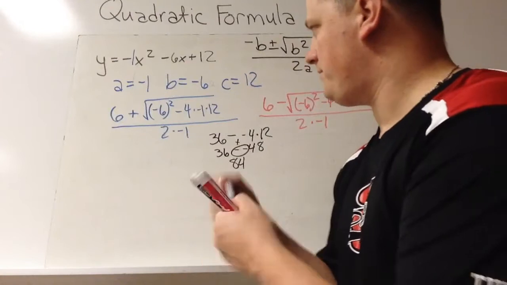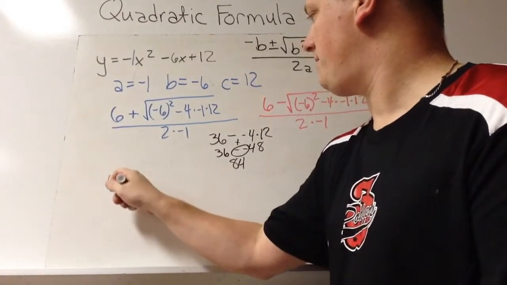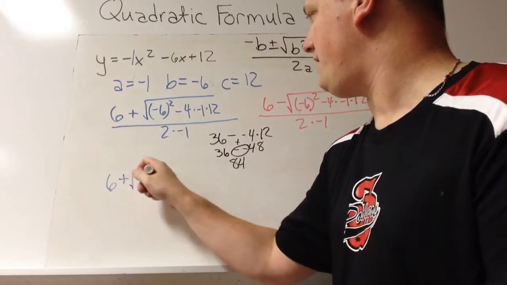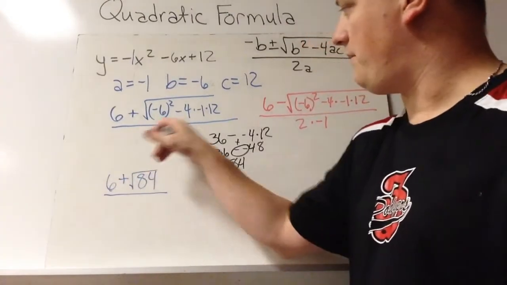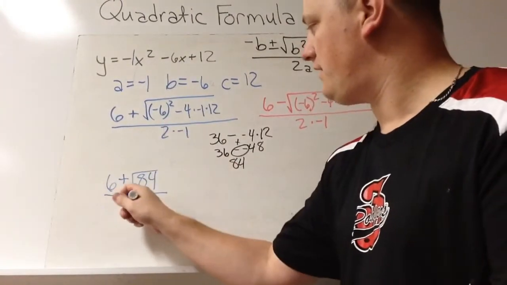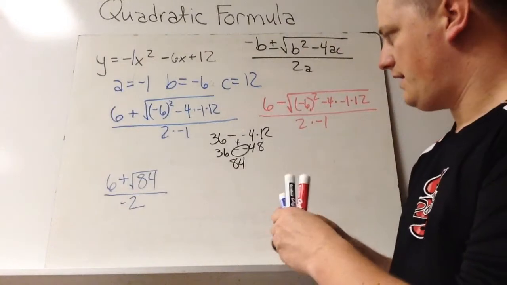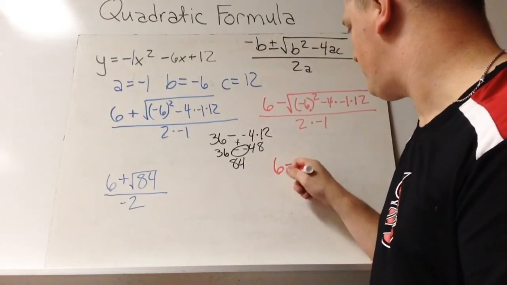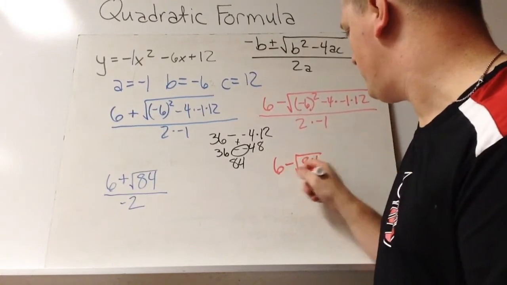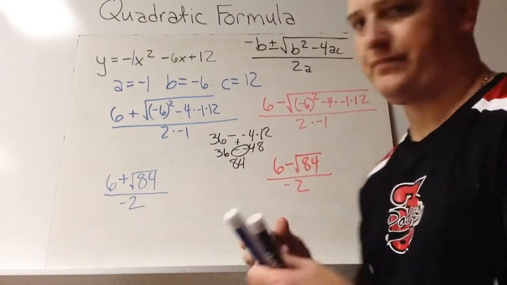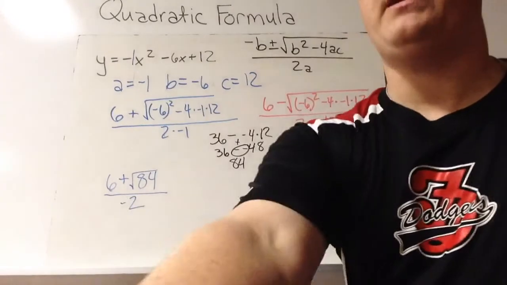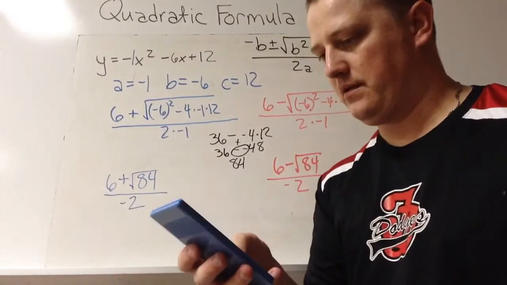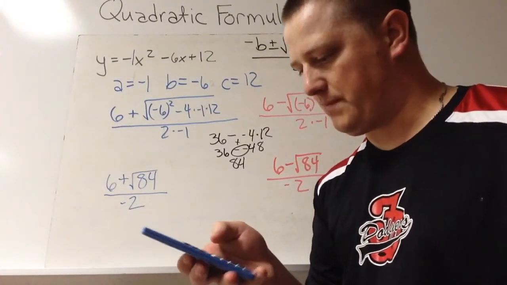So I set up my problems. 6 plus the square root of 84 over, and we want to do that multiplication, negative 2. And over here, we have 6 minus the square root of 84 over negative 2. Well, 84 doesn't come out perfect, so we're going to need to round it at this point. So I'm going to square root 84 with my calculator.